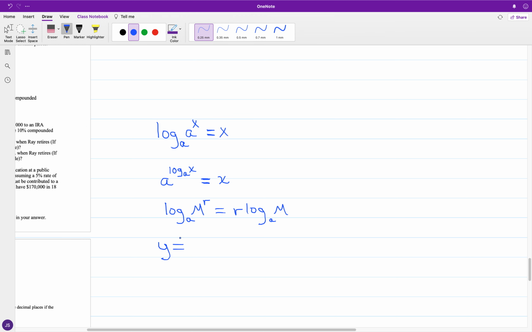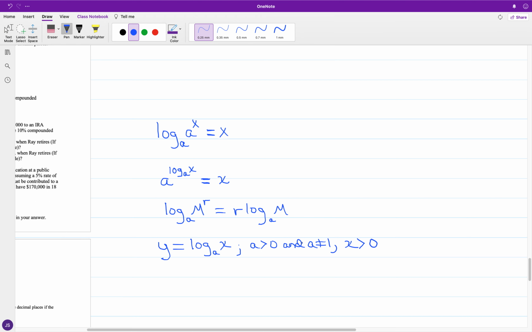Also, when we started looking into logarithms as the inverse of exponential functions, we had that y is equal to the base a logarithm of x. The characteristics were that a had to be positive with the exception of 1, and that the argument had to be a positive value.